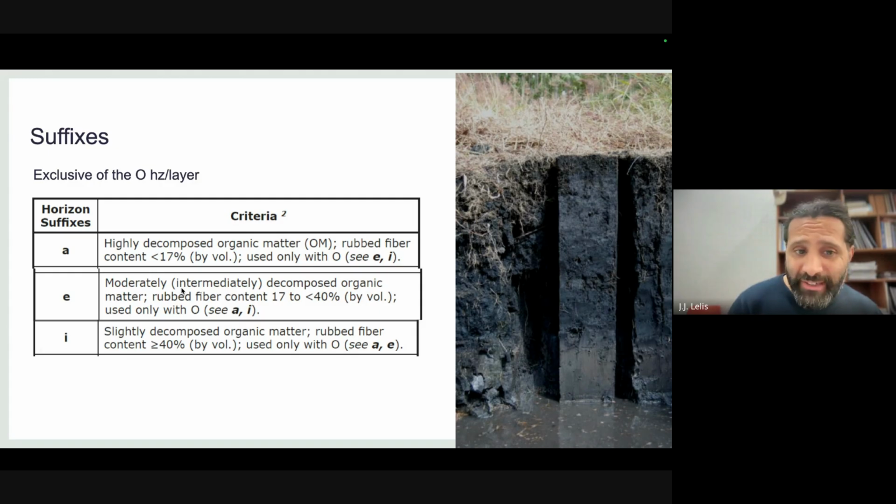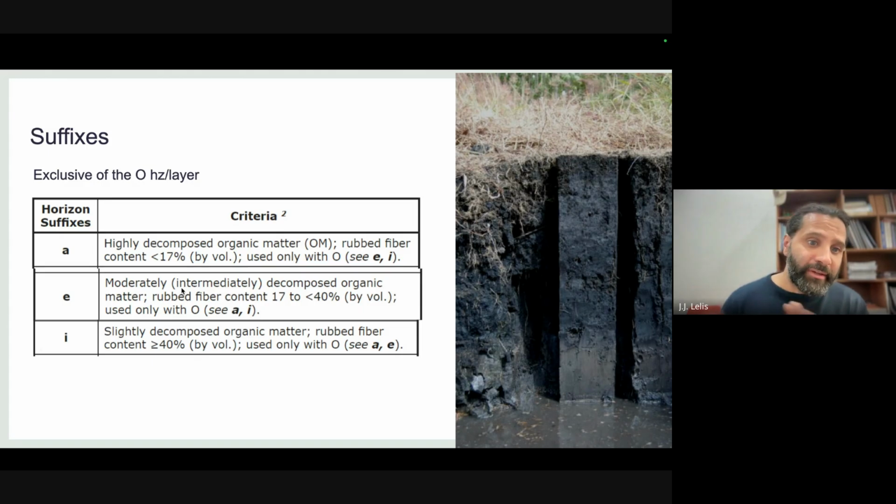Of course, you don't need to do this if you are talking about a horizon or a layer that has a low organic carbon content, or at least lower than 12%. Okay, so if, for example, I cannot see very dark colors, I cannot see a low density, so the material is quite heavy, the color is not too dark, then that horizon or layer has a low organic carbon content.